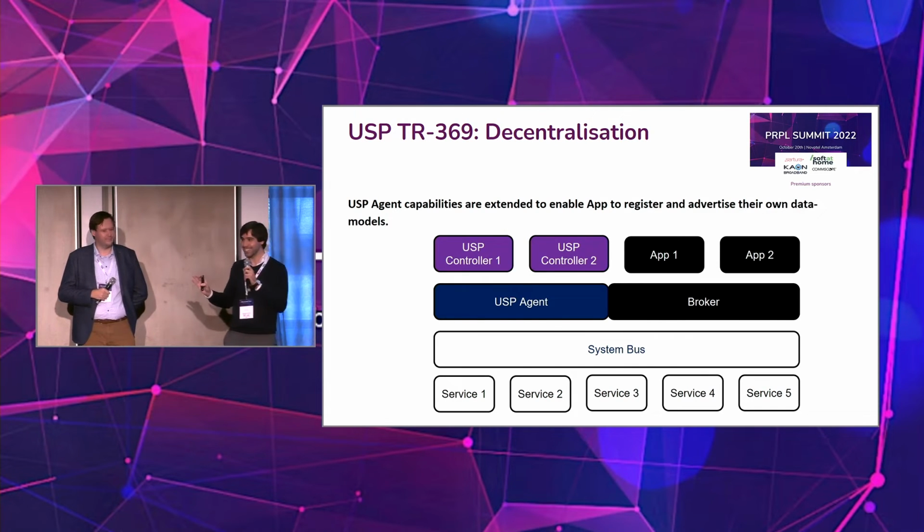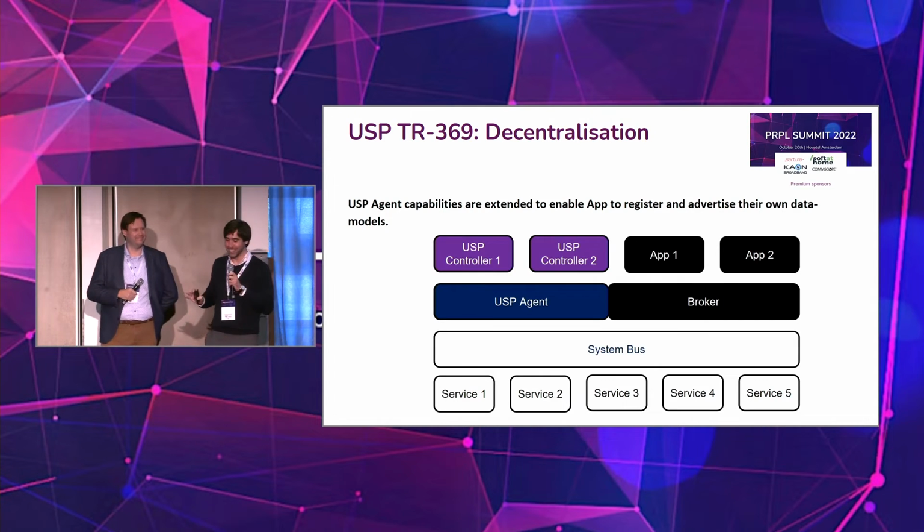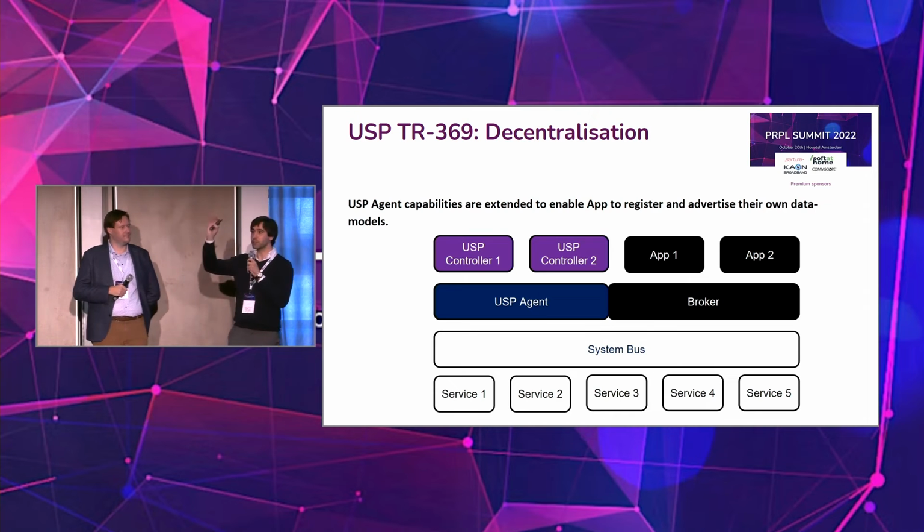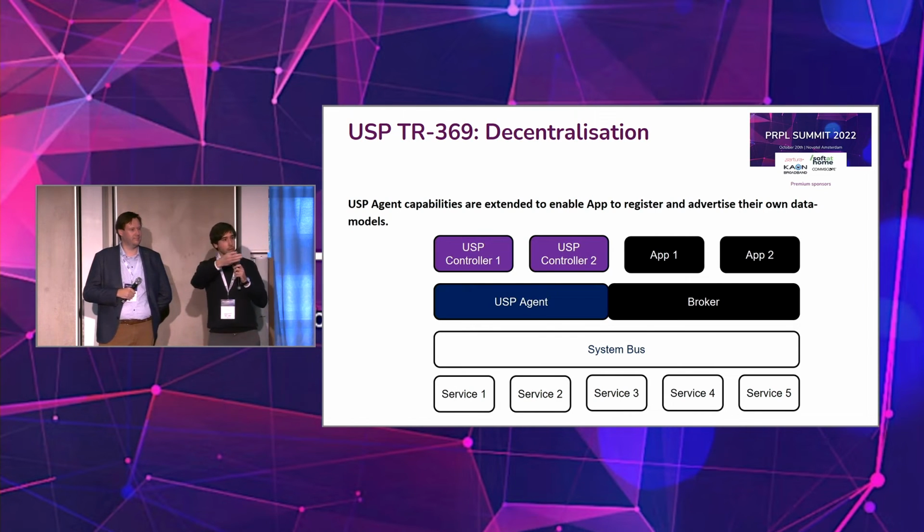It has been mentioned already, but in practice we are trying to add some brokering capabilities. If your application also has data models to offer, you can do it through USP. You can say, look, I'm maybe a parental control service, and there are some rules to be added, and this application can just hook to the USP agent and say, please make these data models available to the other controllers as well. That's the second ongoing effort.